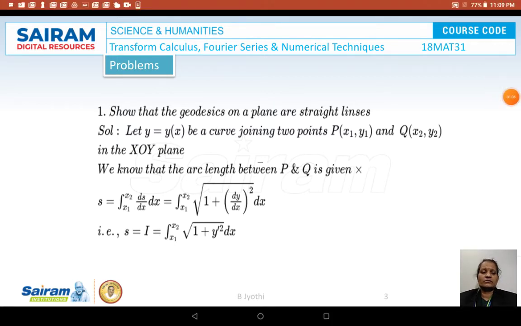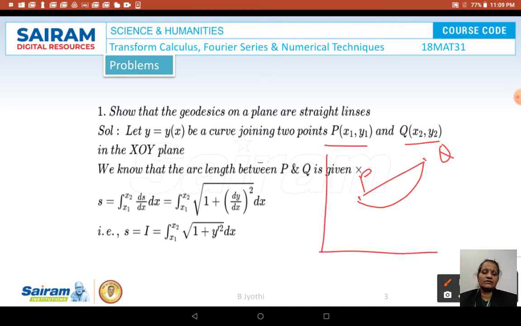So if we are taking the 2 points, say P and Q, with coordinates x1, y1 and x2, y2 respectively, this is the shortest path and this is the curved path in the xOy plane.